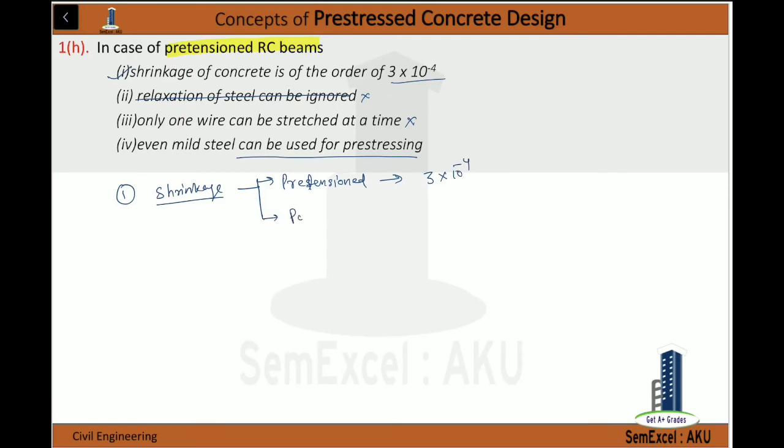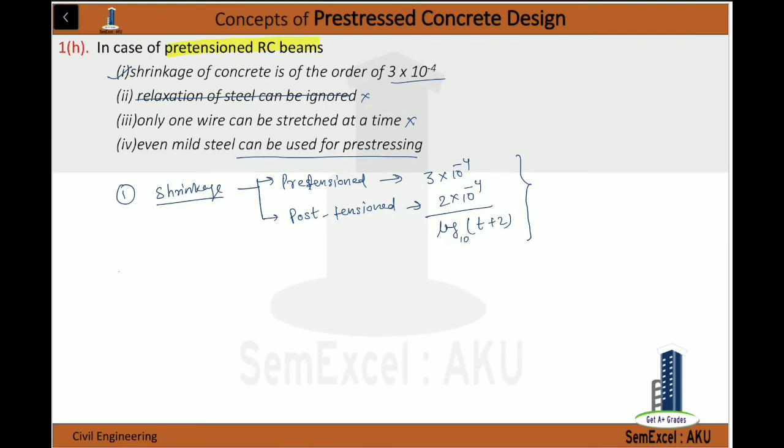If our beam is post-tensioned beam, in this case the shrinkage is equal to 2 into 10 to the power -4 divided by log t plus 2. This log is base 10. These two formulas are very important. You have to remember these two.